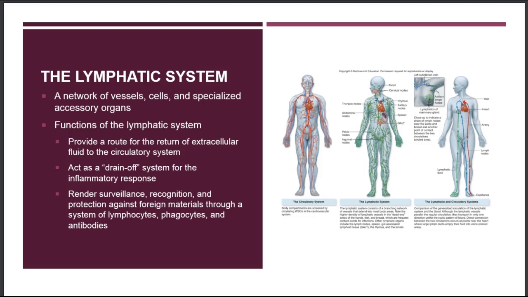So eventually this extracellular fluid that is found surrounding cells will be pumped through muscular contraction in the appendages and extremities back into lymph vessels, and then those lymph vessels eventually drain into the circulatory system.